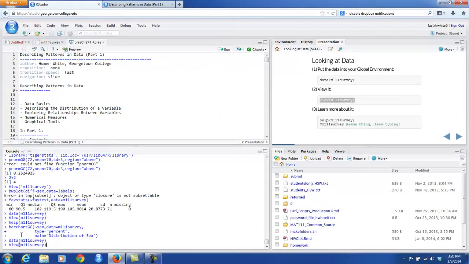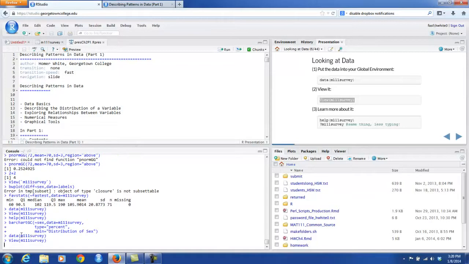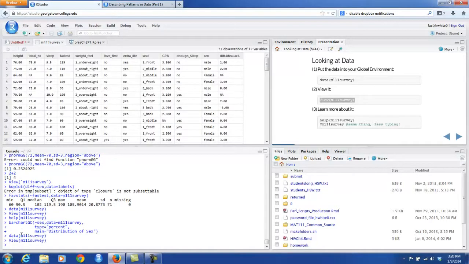And when I run view Math 111 survey, then I actually get a look at the data in the form of an Excel-like spreadsheet where the rows stand for individuals, students who were in the survey, and the columns stand for variables that were measured on these students.